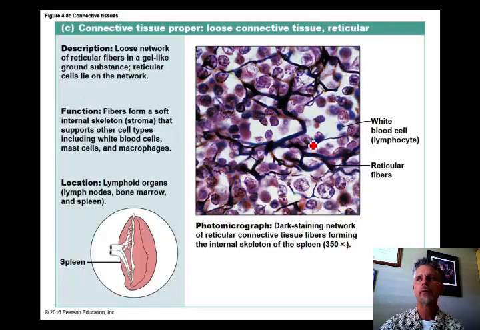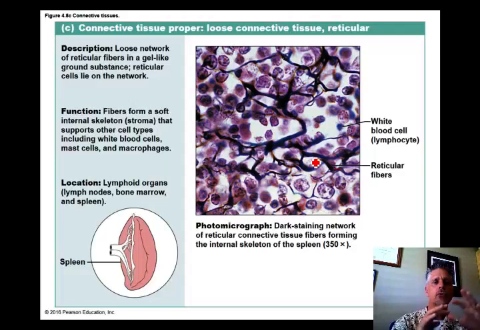Now reticular is a little bit stronger. We see a lot of different cells in there. Now we have reticular fibers, right? So reticular fibers, when we look at it, we're going to see more fibers. We have more of a gel-like extracellular matrix or ground substance.